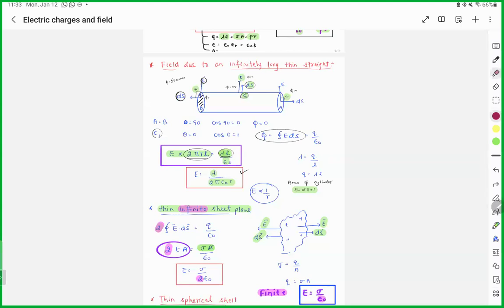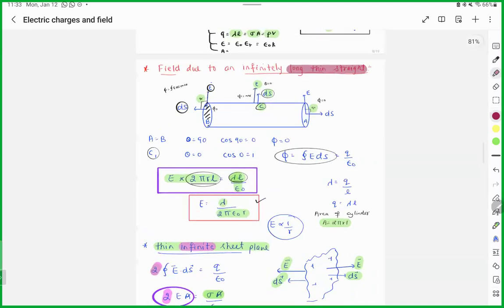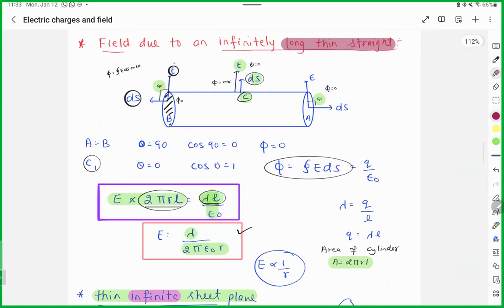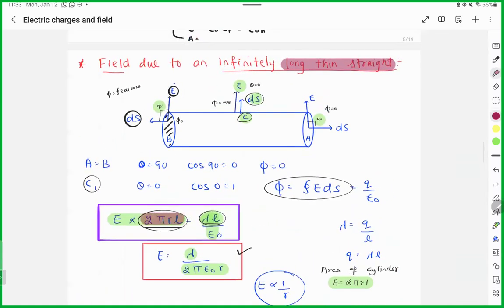Infinitely long, thin straight rod. It is like a cylinder. Before writing, go through it, ask your doubt. What I did here in the infinitely long rod, instead of area, I wrote 2 pi RL, and lambda L for the charge.